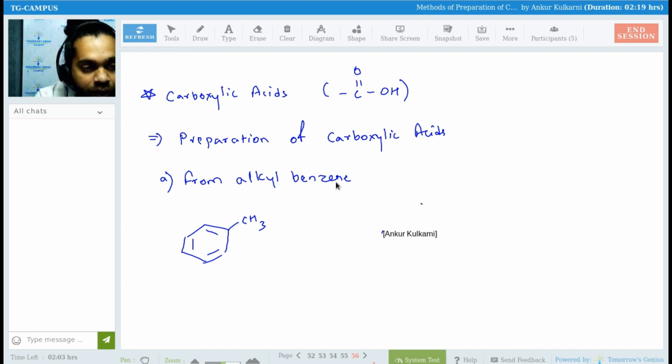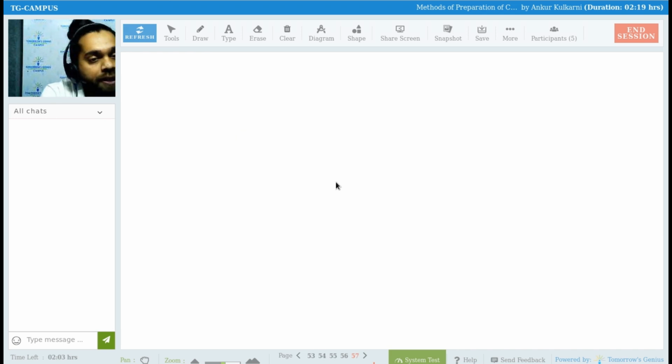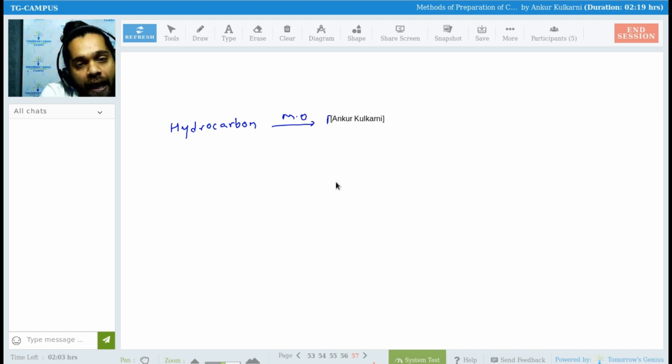So always remember, if you have a hydrocarbon and you oxidize it with a mild oxidizing agent, it will convert into alcohol. If you further oxidize with a mild oxidizing agent, it will convert to aldehyde or ketone. And if you further oxidize it, it will convert to carboxylic acid.